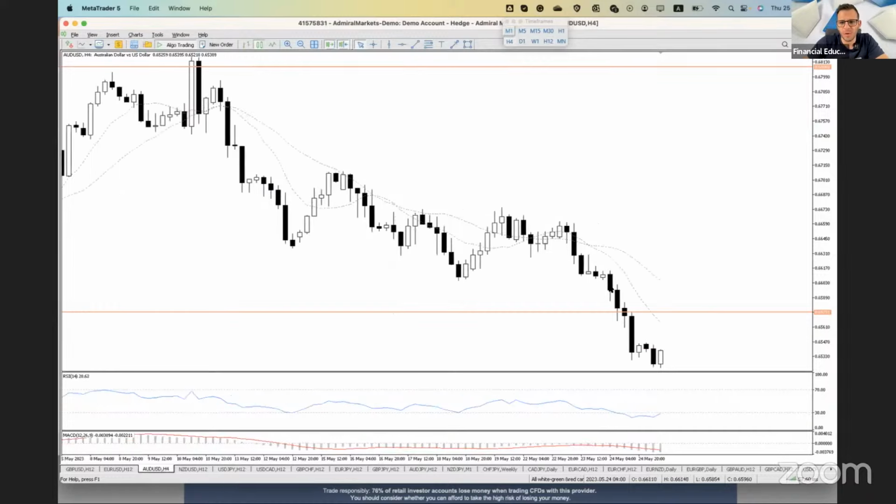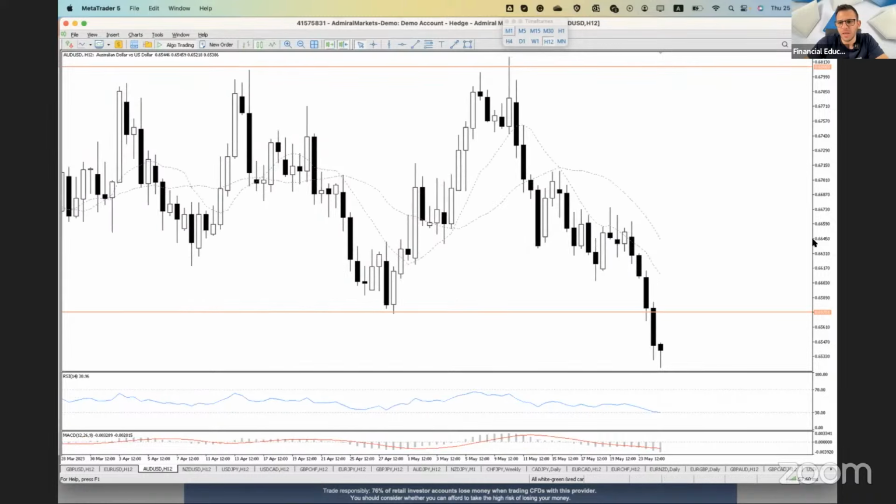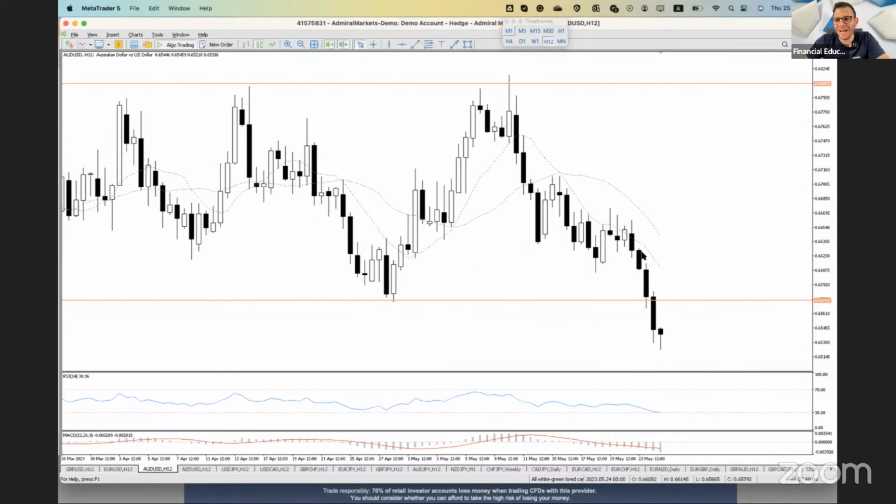Let's check the 4-hour chart for any insight. No insight candles on the 4-hour chart. So again, please do not try, and that's not any kind of advice, okay? Just purely a trader to traders conversation.